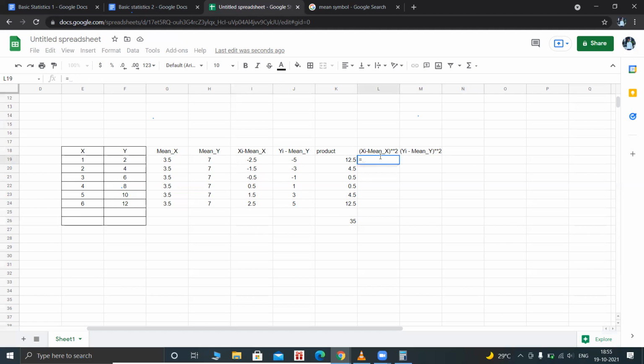Square is nothing but multiply only, guys. Multiply of this thing comma this thing. Okay, so it is 6.25, right?